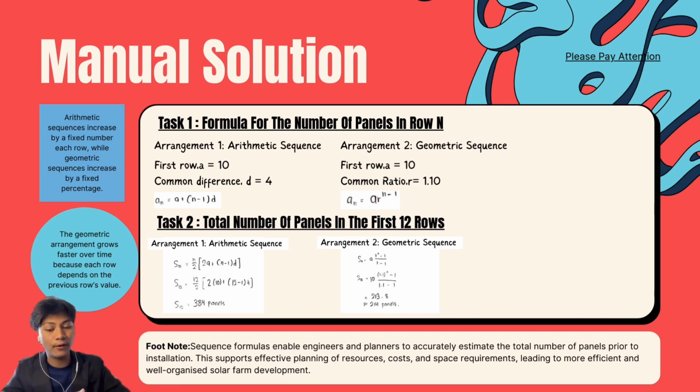Just like the previous formula, this is also to find the total number of panels. With a being 10 and n being 12, after substituting everything, we end up with 240 panels. So that's all from me. Thank you. For further discussion, we will continue with our next group member.